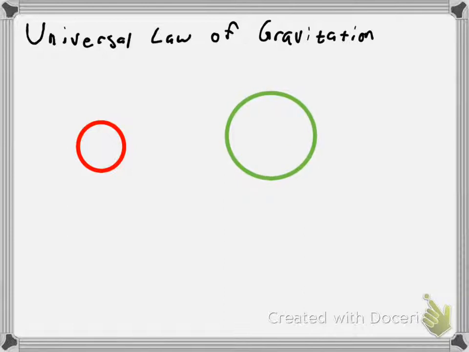and if we know the mass of these two planets, let's call them A and B, and if we know how far apart the planets are from their centers, call it distance D, then we should be able to compute what the force of gravity is between them.